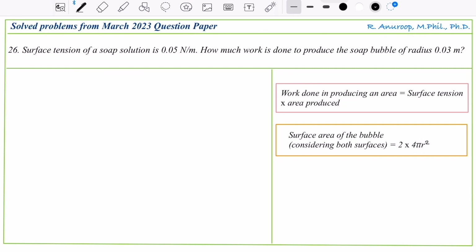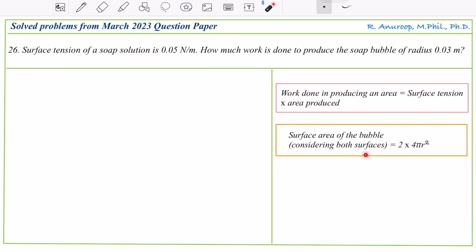In this problem, we have to find out the work done to produce the soap bubble of radius 0.03 meter. The surface tension of the soap solution is given as 0.05 Newton per meter. That is, the surface tension S is equal to 0.05 Newton per meter and the radius of the bubble is 0.03 meter.